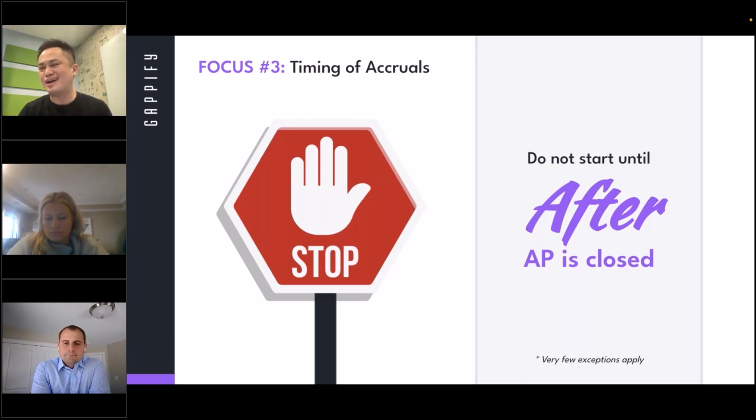So this is something I've seen really make processes clunky from an accrual standpoint. So I influenced the graphic there, or I found the graphic itself. I wanted to make sure there was that red stop because this is so important to the success of accrual processes.